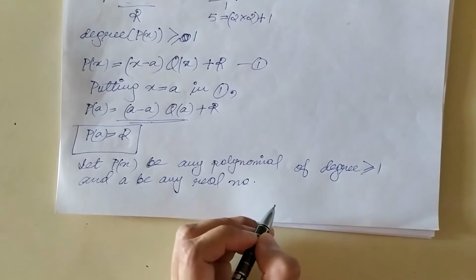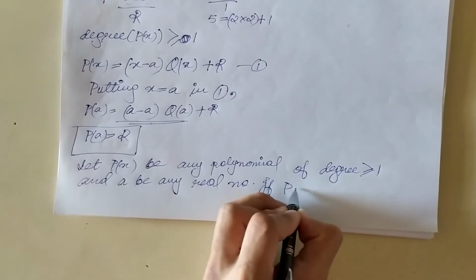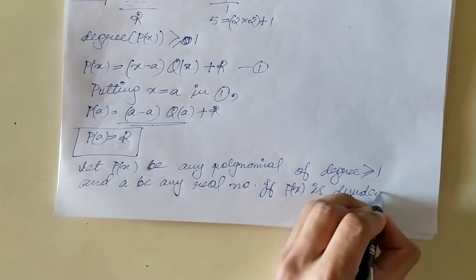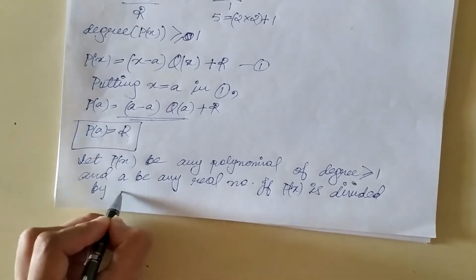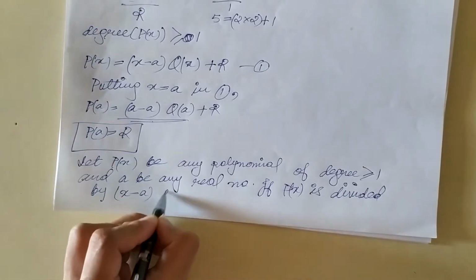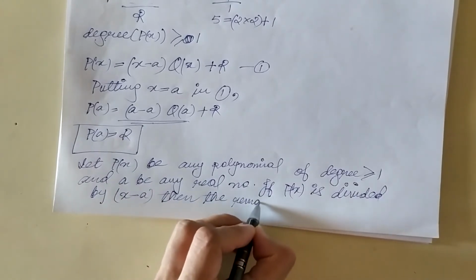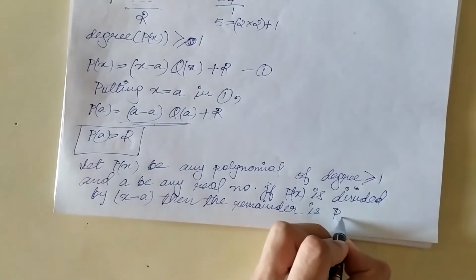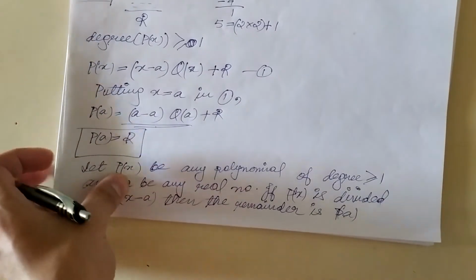If p(x) is divided by x minus a, then the remainder is p(a). So this was about remainder theorem. Let us see an example on remainder theorem.